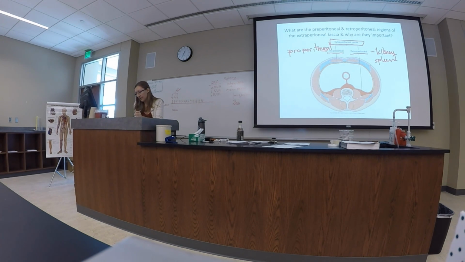The preperitoneal area is typically just referred to as part of surgical procedures, as more of a locational term, where the preperitoneal fat layer is continuous with, say, the fat in the inguinal canal, et cetera, et cetera. So just to be aware of these terms would be helpful.